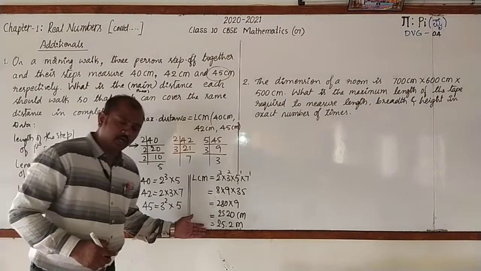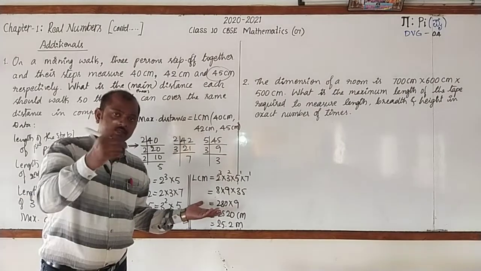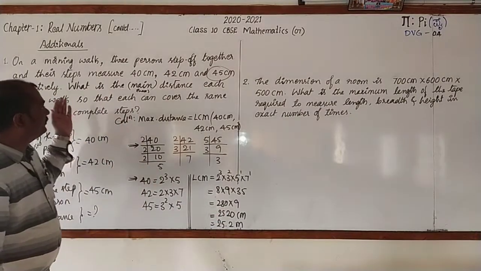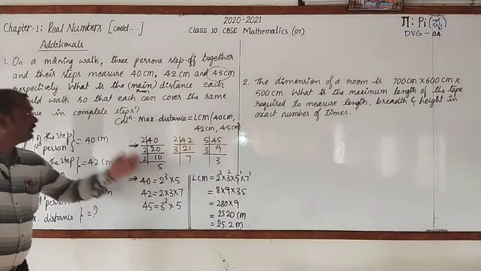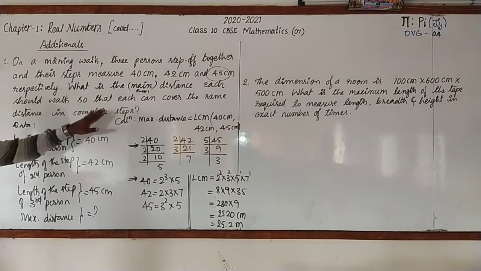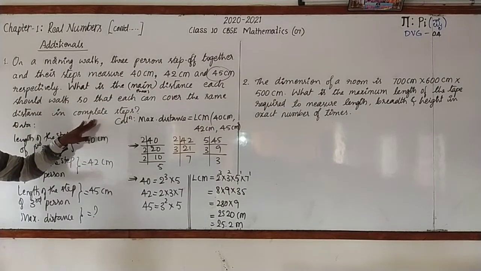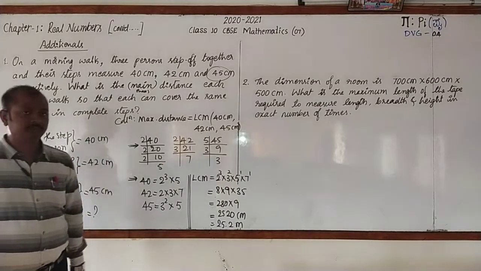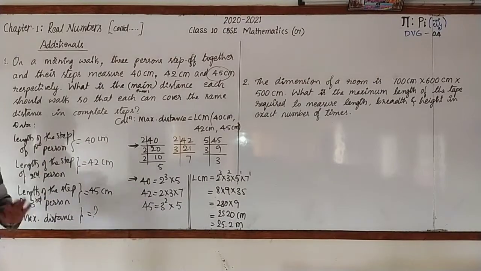Can you write the conclusion? Conclusion is: therefore, the maximum distance each should walk so that each can cover the same distance in complete steps or an exact number of steps is 25.2 meter.